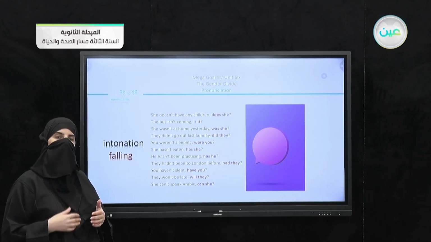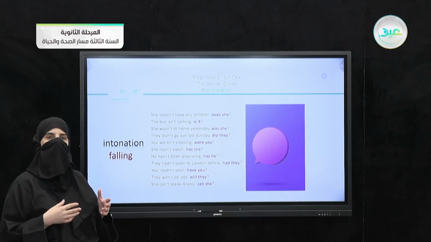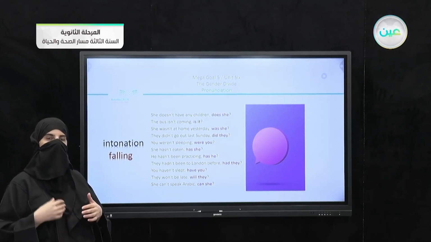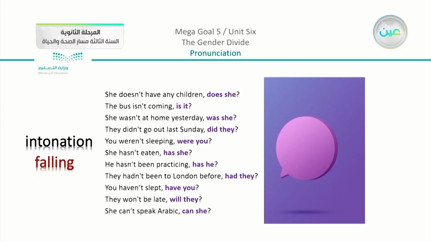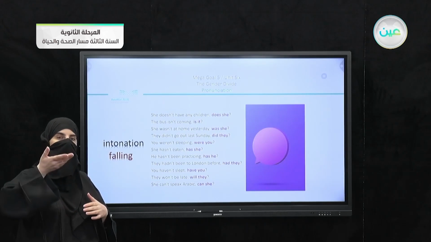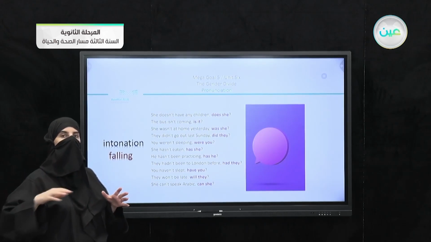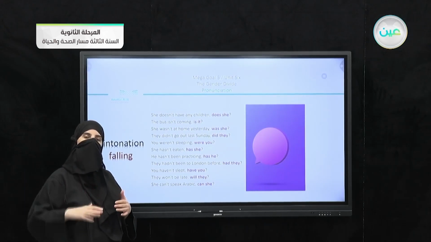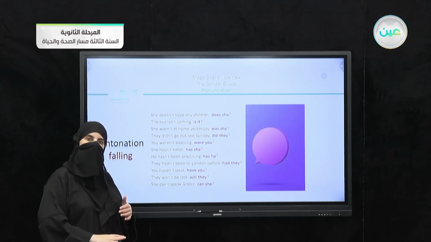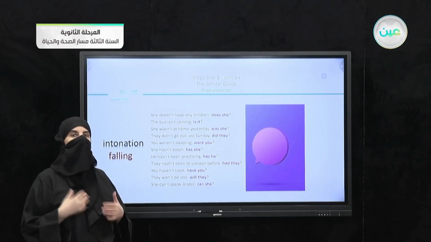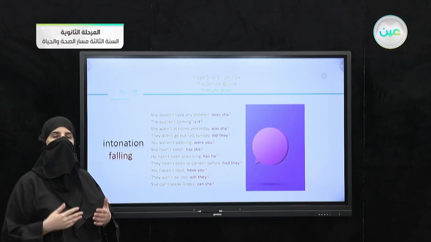So basically here, it's not about the answer or forming the question tag. I am just focusing on the pronunciation. If I am rising, I don't know the answer, or I am not sure of the answer. But if it is a falling tone, I am sure I know the answer, but I just want someone to confirm.